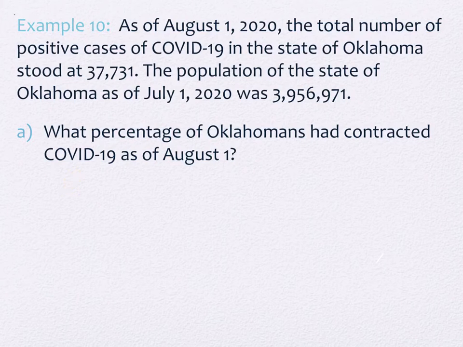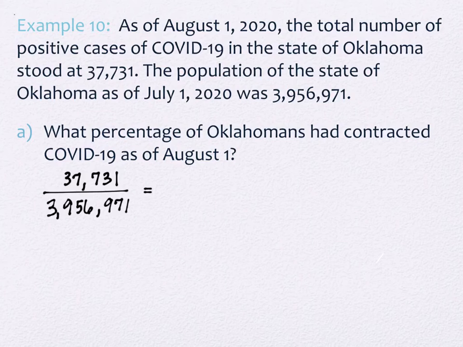So we have 37,731 positive cases. We have 3,956,971 people. And our question is how much out of 100% is that?